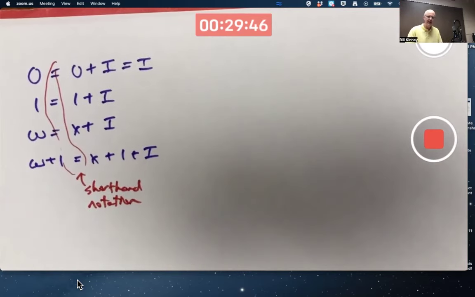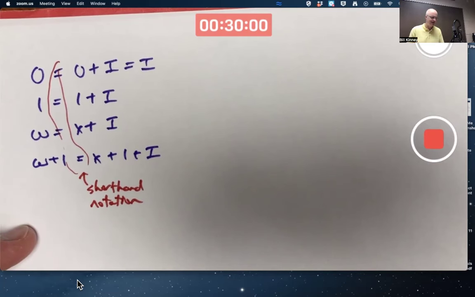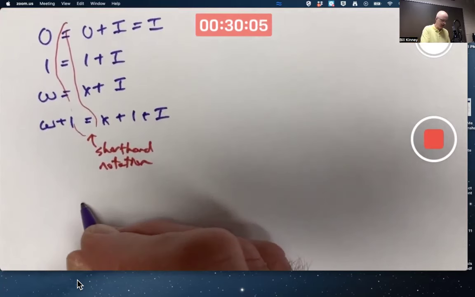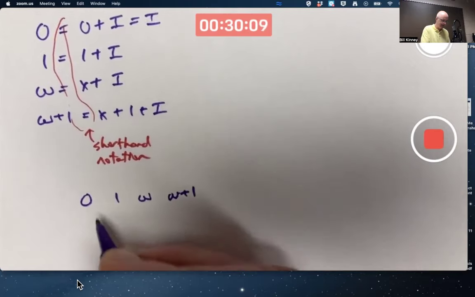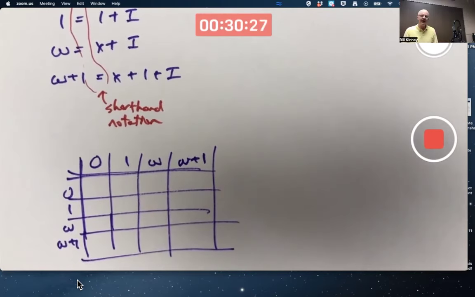With that shorthand notation, I can reproduce the Cayley table for the field under addition and the Cayley table for the non-zero elements under multiplication using just these shorthand symbols. So for example, the addition table would be 0, 1, omega, and omega plus 1. And go ahead and add where coefficients get modded by 2.